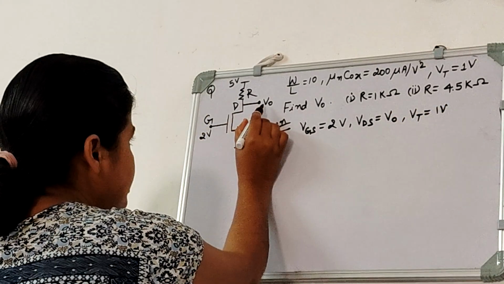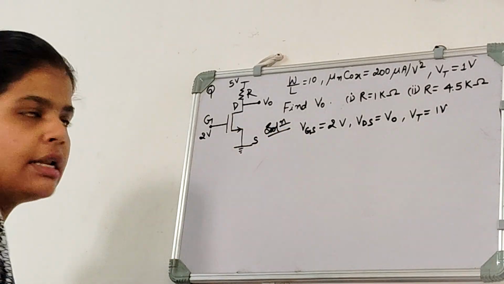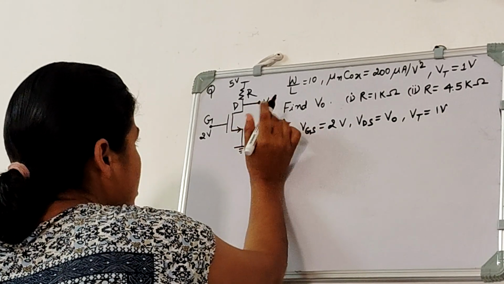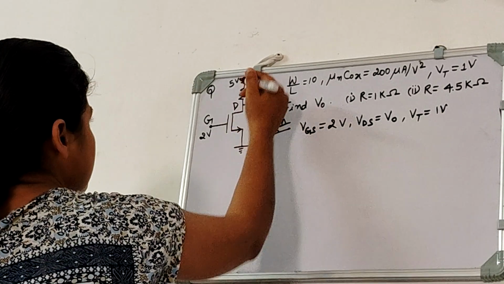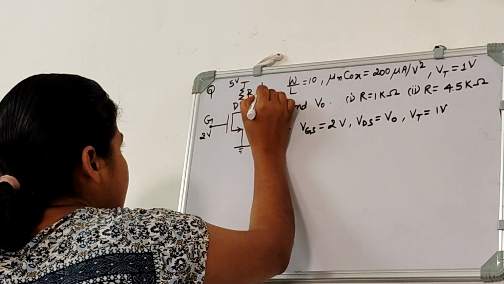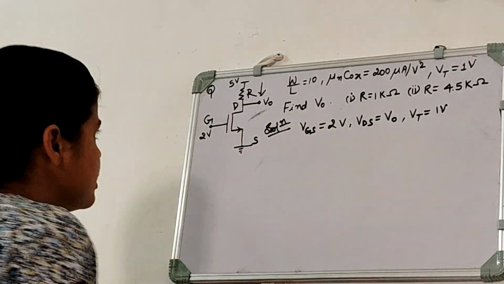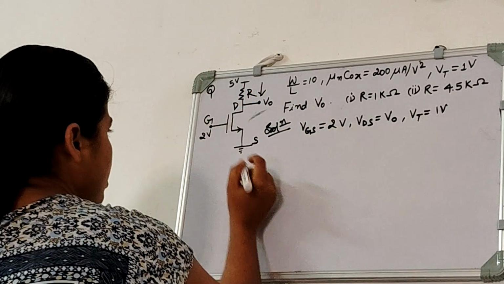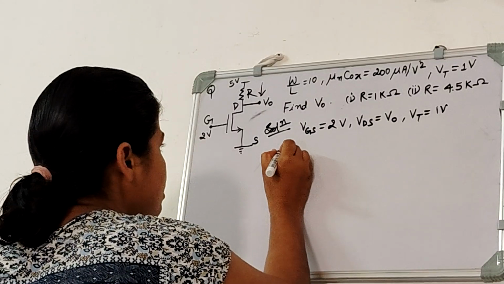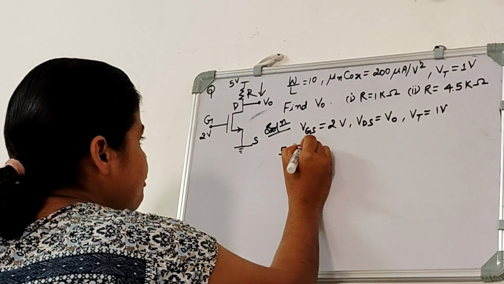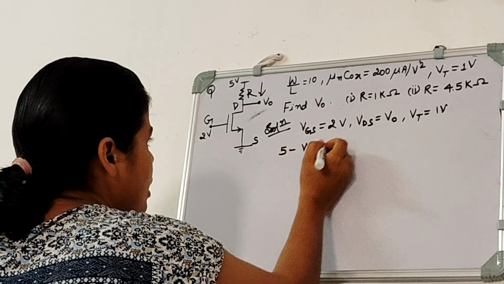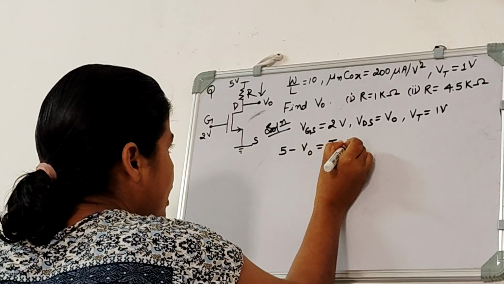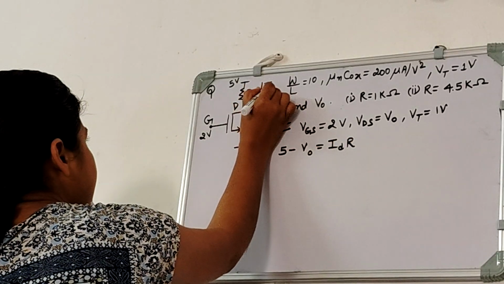And since we have to find this V0, how will we find it? Here we can see that a current will flow through this resistor, and so our equation will be 5 minus V0 equals ID into R. This current will be ID.